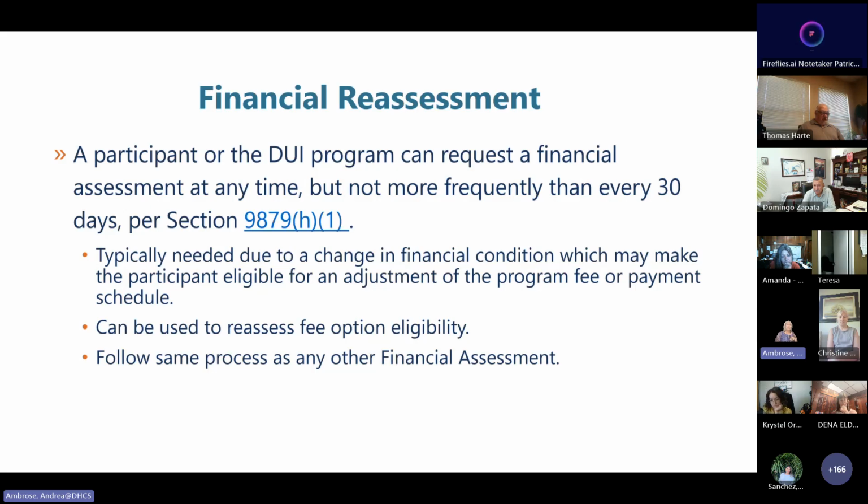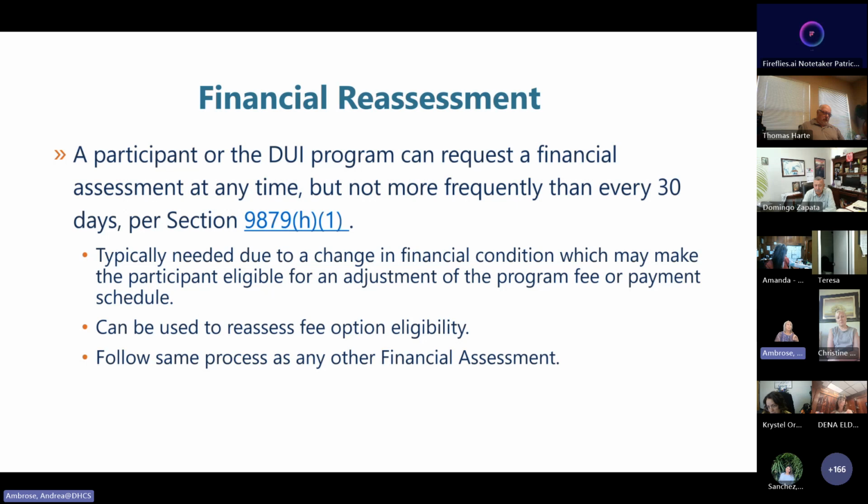You typically are going to want to do a reassessment to reassess their fee option eligibility, to see if they continue to qualify for the $5 a month, or if a participant has some change in their financial situation, which may make them eligible for an adjustment of either their fee or their payment schedule.